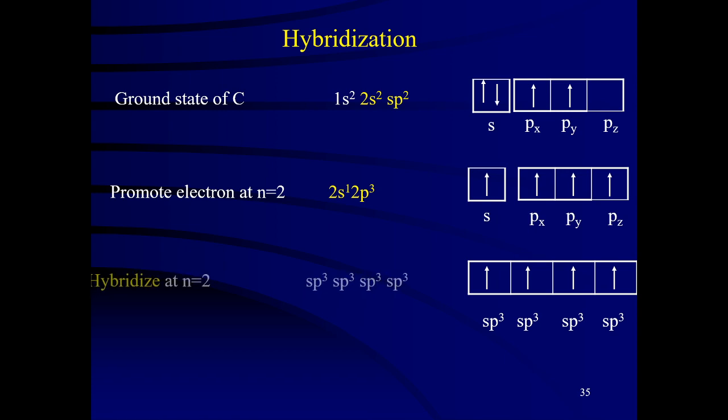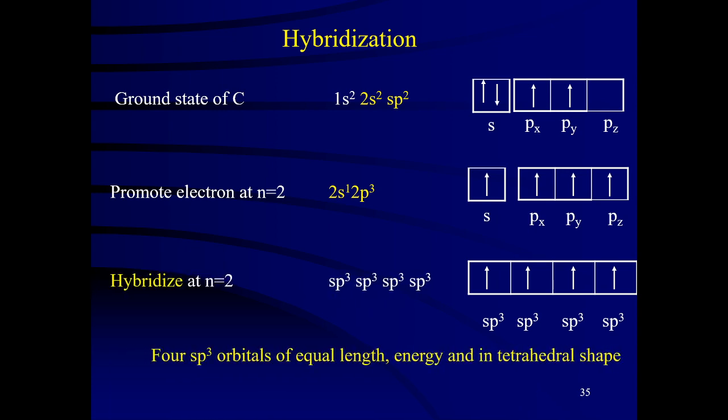More examples. There you go. So what will result basically is only this. And one key principle that I need to highlight is that hybridization only takes place in the same principal quantum number. So for example, you have 1s2, 2s2, 2p2.